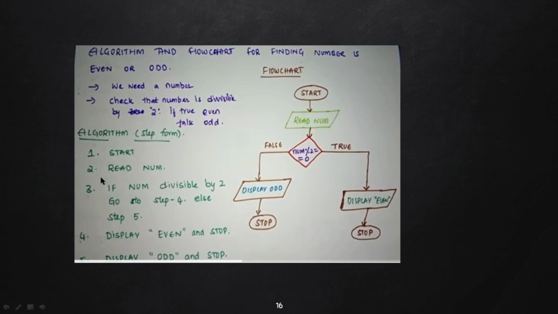So first of all, algorithm: start, read num, because we want only one number. If num is divisible by 2, that means we are getting remainder 0, go to step 4. In step 4, display even and stop. Else if the number is not divisible by 2, then go to step 5. Step 5, display odd and stop.